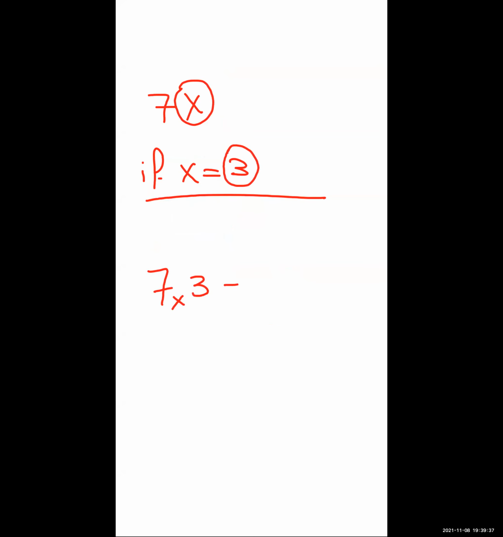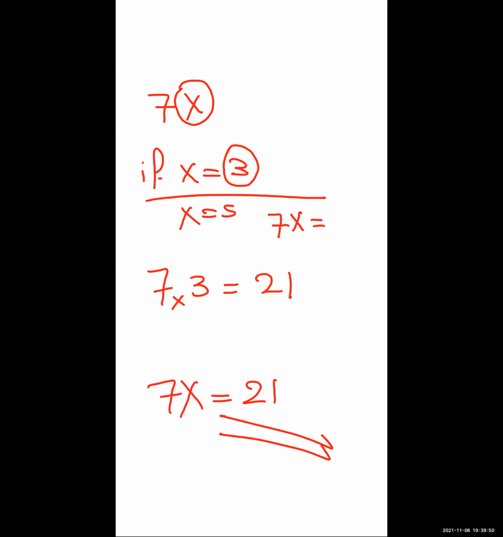So 7 times 3 equals 21. So now 7x equals 21, right? But if x equals 5, then 7x equals 7 times 5, which is 35, right? That's why we said that x is a variable, because sometimes it will equal 3, sometimes 5, sometimes -9, and so on. Okay?